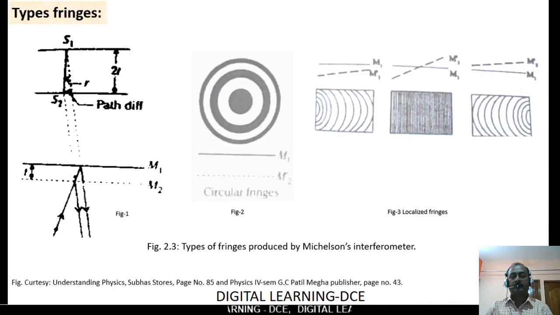Let us see types of fringes. These are the types of fringes shown here. They can be analyzed by using this diagram, that means figure 1. Let us see one by one.